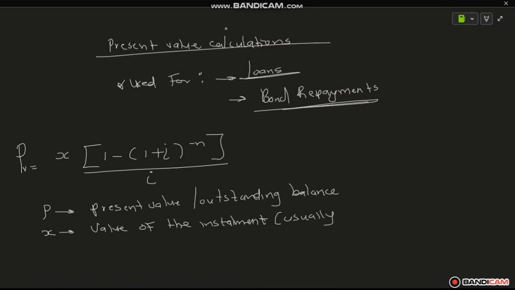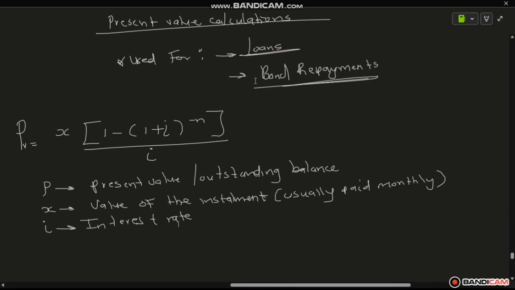The installments are usually paid on a monthly basis. Then we know that this is the interest rate. Then n is the number of payments.